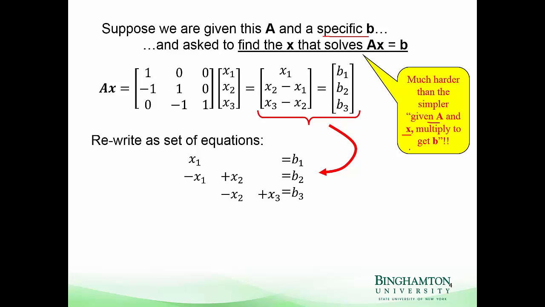And so if we rewrite this as a set of equations, we can use tricks we've learned in past math studies, maybe in your high school math, or at some point in a previous college class, you learn how to solve a set of linear equations like this. And this one is particularly easy to solve, and that's because of the structure of this matrix.